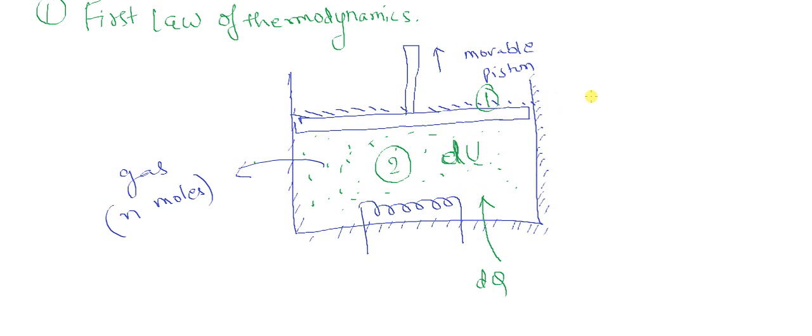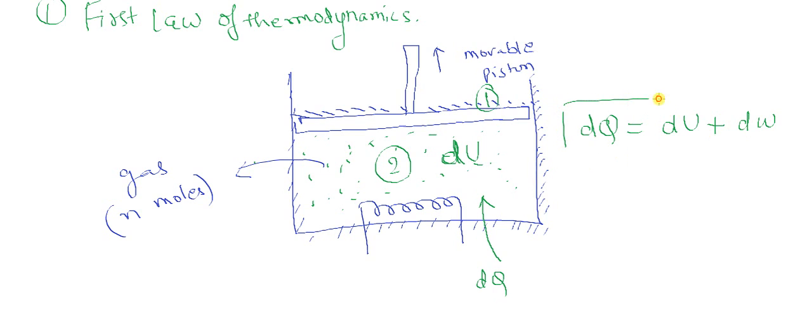So what should be our first law of thermodynamics then? It's very simple. You will have to remember this principle because it's the conservation of energy principle, which is dq, the heat that you're providing, is equal to du plus dw.